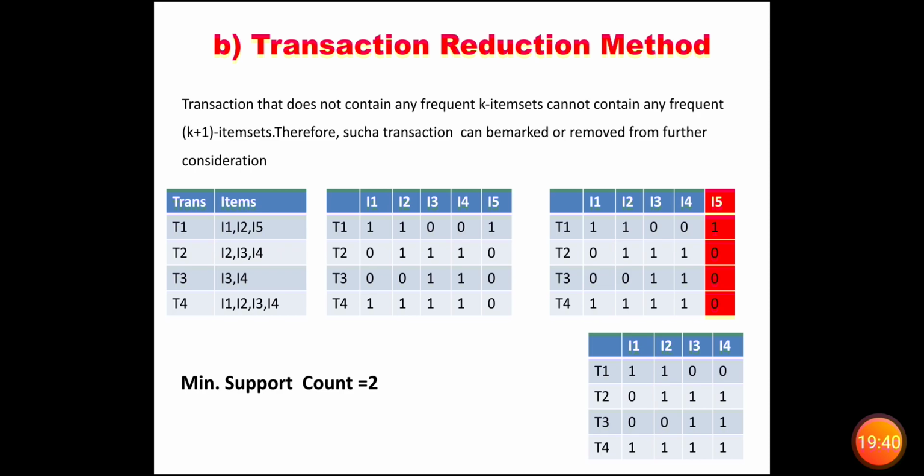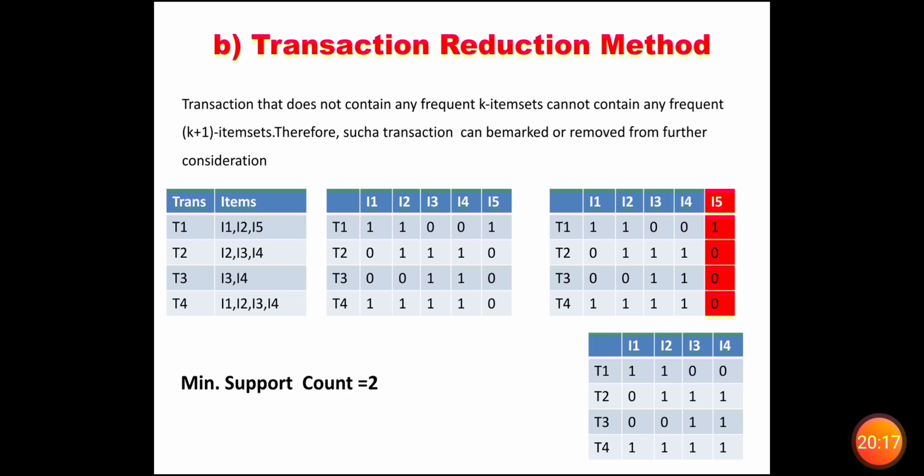The same way we can see the other one. Is I1 present in the T2 transaction? No, so we put 0 here. Is I2 present in T2? Yes, so we put 1. Same way I3 is also present in T2, so we put 1. I4 is also present in T2, so we put 1. There is no I5 in T2, so we marked 0.